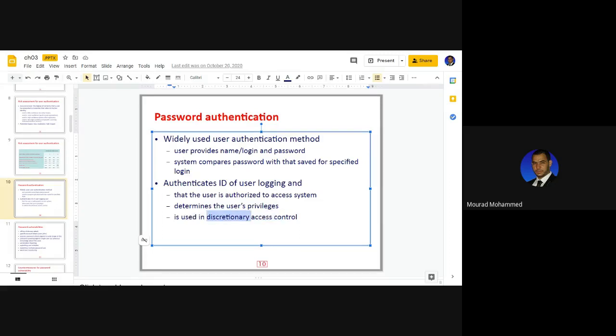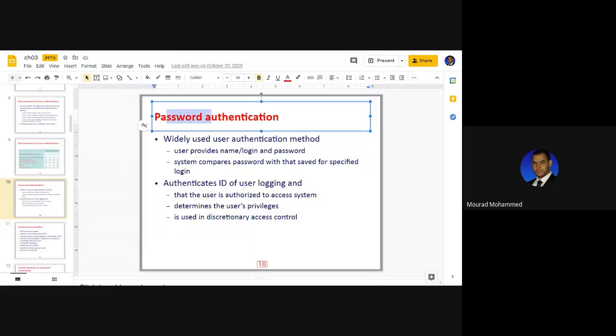This is a discretionary access control. This methodology is classified as a discretionary methodology, because of what your ID is.